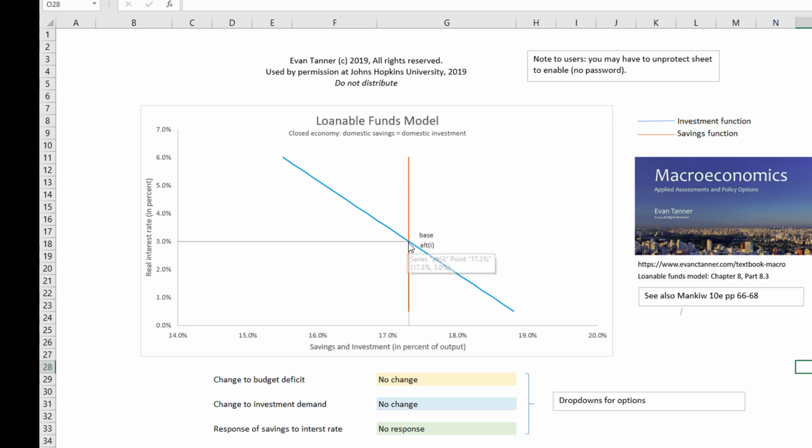You may remember that in a closed economy, domestic savings and domestic investment are identically equal to one another. And we should mention that this is the interest rate at which savings and investment, i.e. the market for loanable funds, clears. How do we know that?